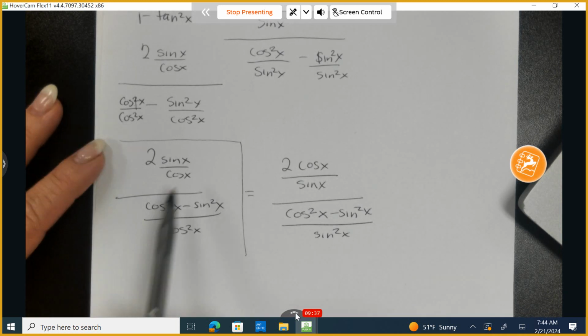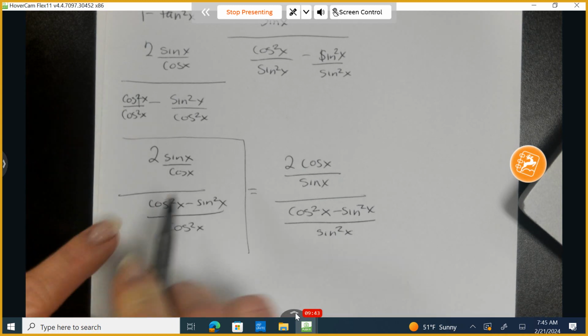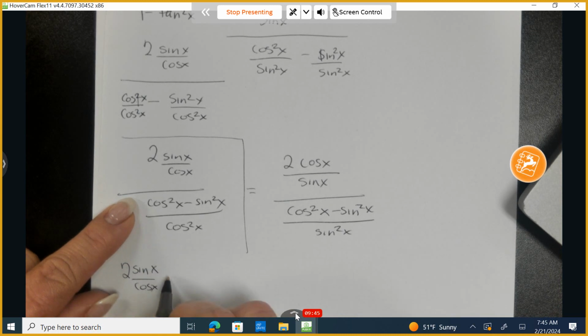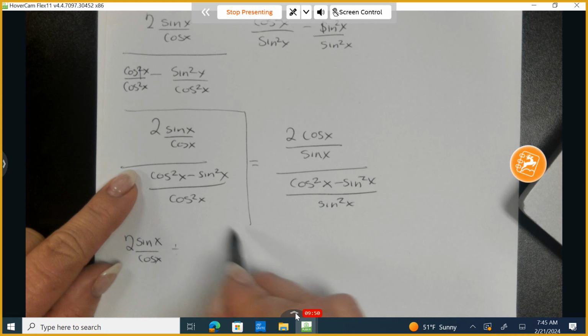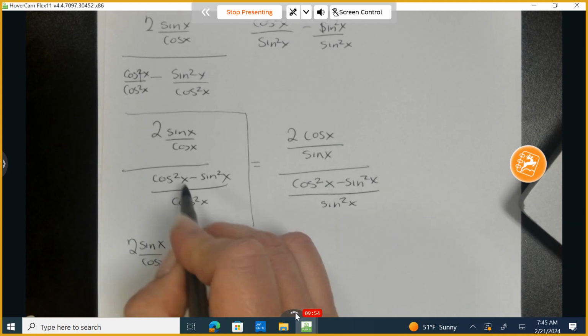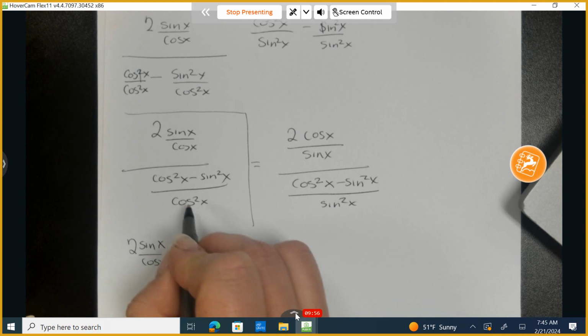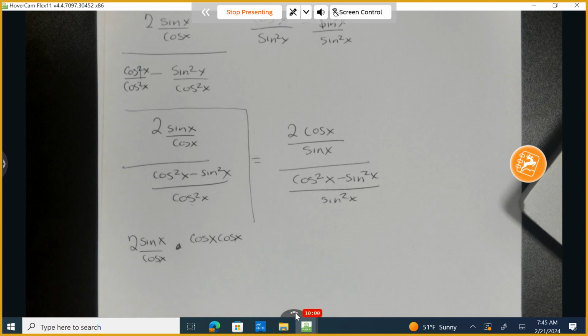Okay, so I'm going to work on the left-hand side here. So I have 2 sine of x over cosine of x. And then when we divide, normally I'd write divided by, and I'd write this quantity out. And then I would remind us when we divide fractions, we turn division into multiplying, and I flip the second fraction. So on top will be cosine squared, which is the same as cosine times cosine if I expand it.